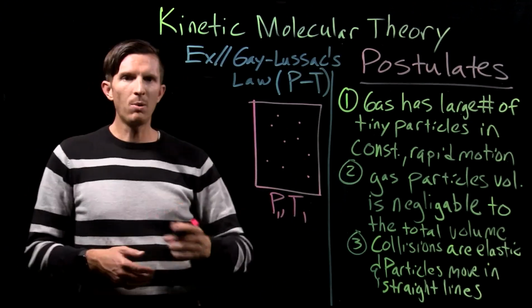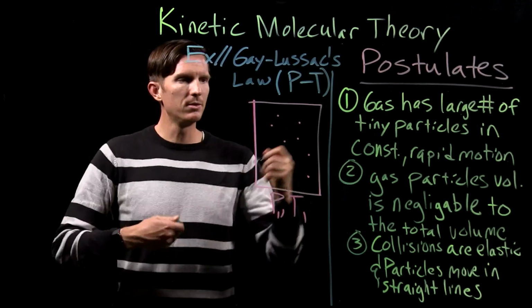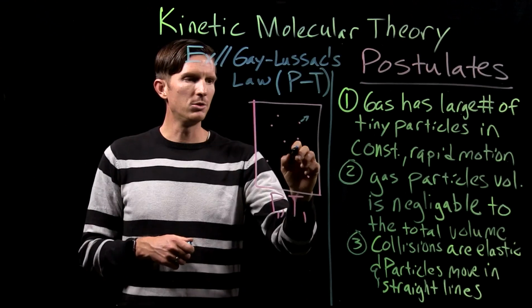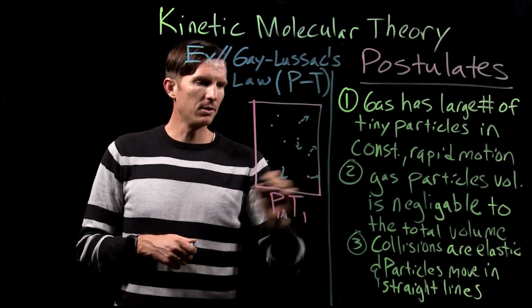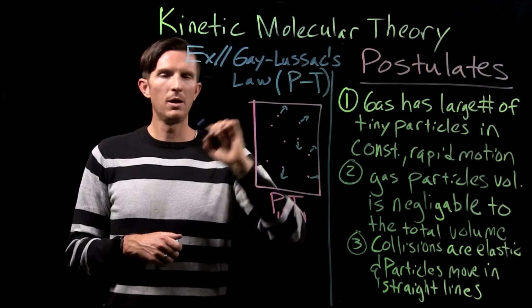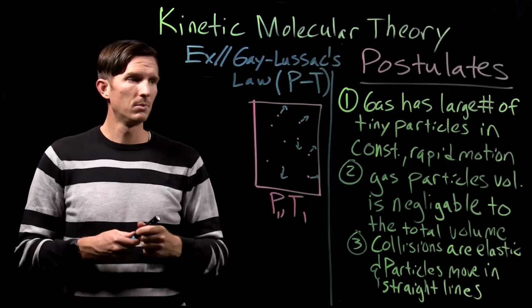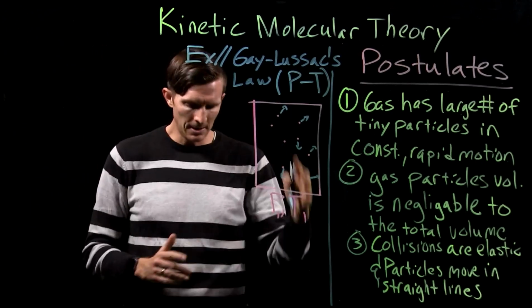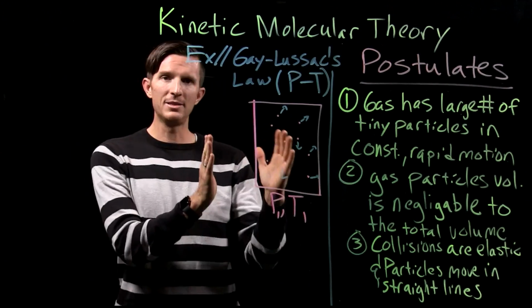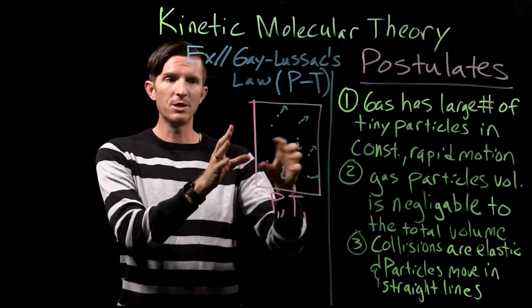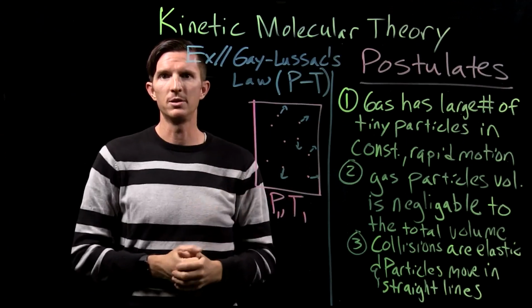All of these particles are moving around in random motion, and they're colliding with the walls, which is exerting a pressure. And so we can see that's why we have a pressure. They're all moving around and colliding with the walls of this container.